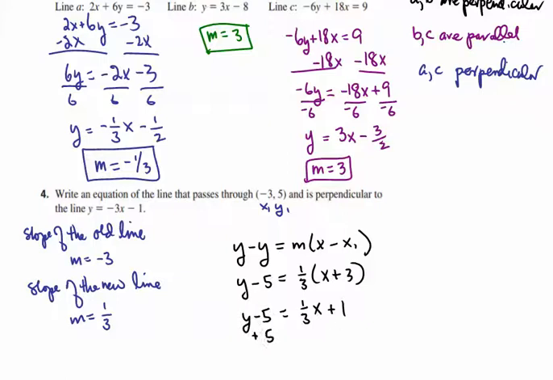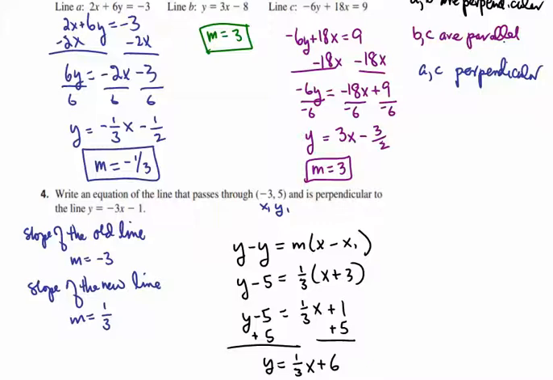I add 5 to both sides, and I end up with y is equal to 1/3 x plus 6. And that's all that I'm looking for here, is the equation of a new line that is perpendicular to the line y equals negative 3x minus 1 and passes through the point negative 3 comma 5.